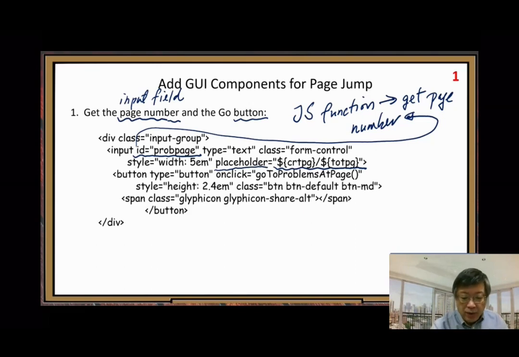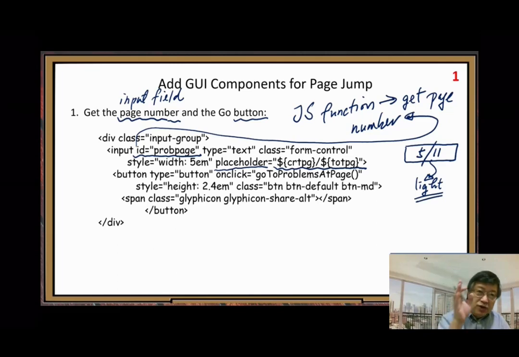For example, if the current page is 5, the total page number is 11, then you will see by default, before the user selects any page number, you will see 5/11, and this string is displayed in light gray color.